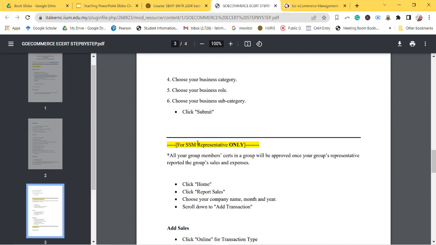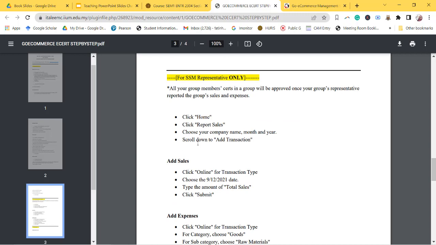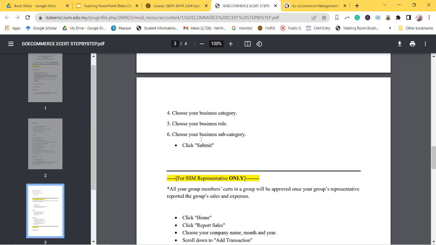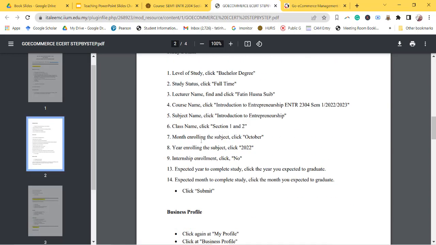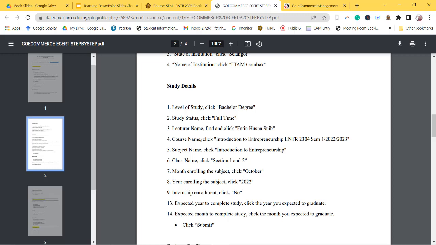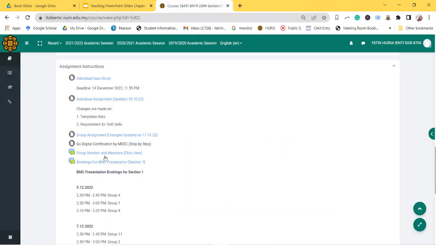Only after the representative of the group submits the sales and expenses will the whole group be approved for their e-cert for Go e-commerce, and this e-cert must go into their LinkedIn.